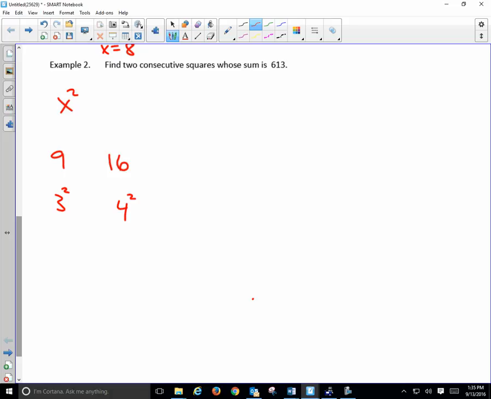So what Jens has done there is he said that is x squared, and then we are going to take 1 more than x and square that. See it? So therefore, we have x squared plus the quantity x plus 1 squared is equal to 613.